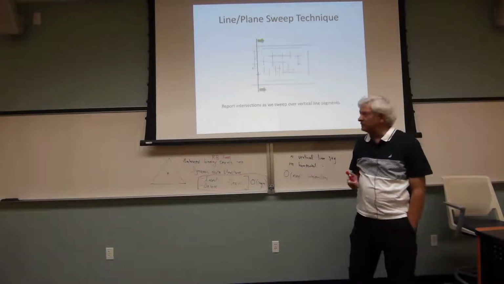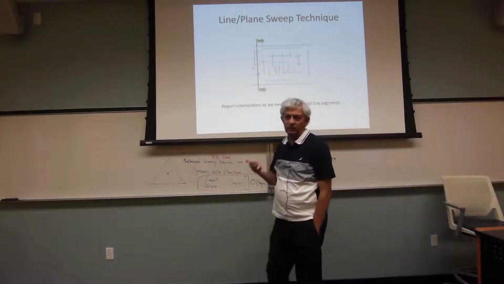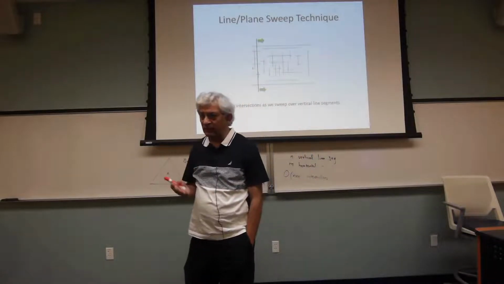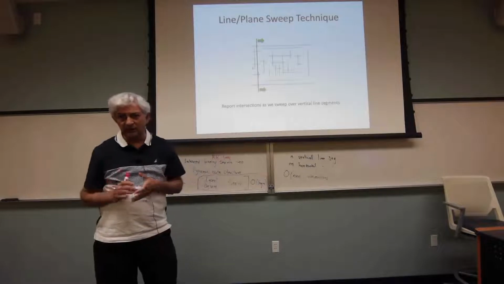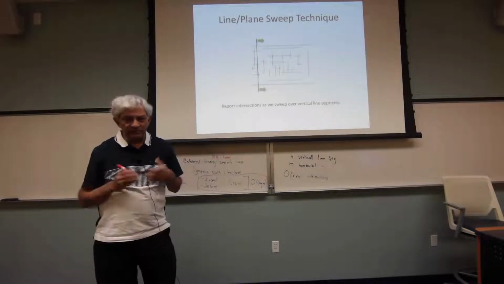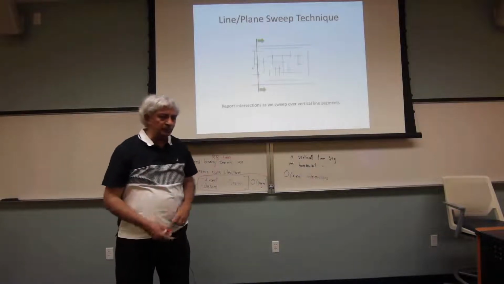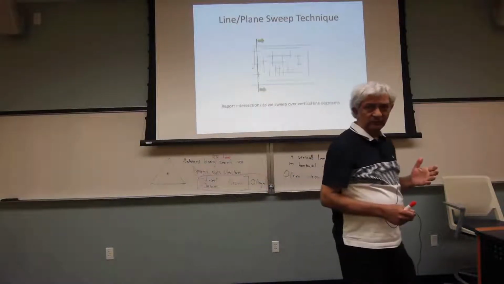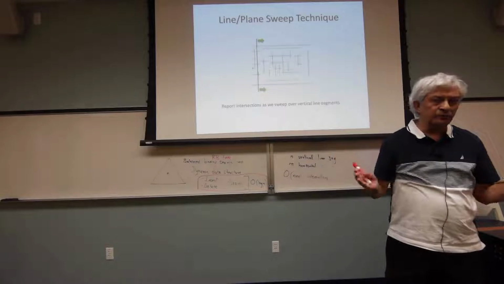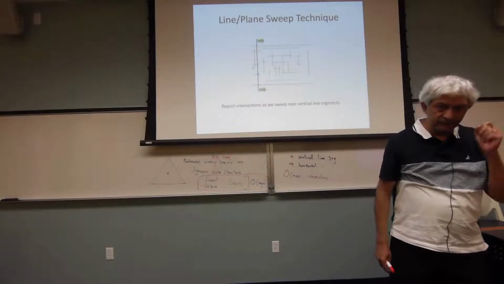Along its path, it's going to encounter things that are in the picture, in particular horizontal and vertical line segments. And as it sees this, it needs to report all the intersections that it spots. And if it doesn't spot any, it's going to just say, oh yeah, I didn't see any.